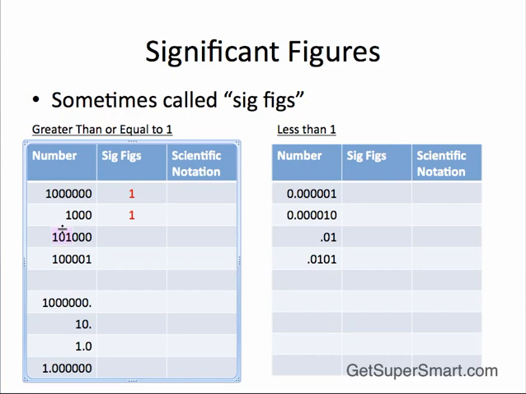It's just that they have to be in a certain place before we can count them. Without that decimal point, they can only be significant when they're in between two other non-zeros. So we found our first non-zero as 1, everything to the left is also significant, so 1, 2, 3 significant figures here.